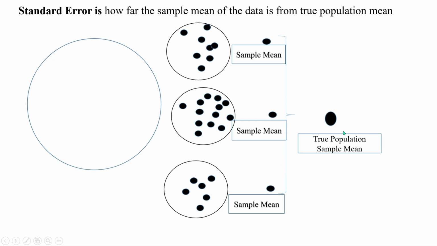So the standard error is basically the dispersion of the sample means from the mean of the sample means. So this is basically about the differences between standard deviation and standard error.